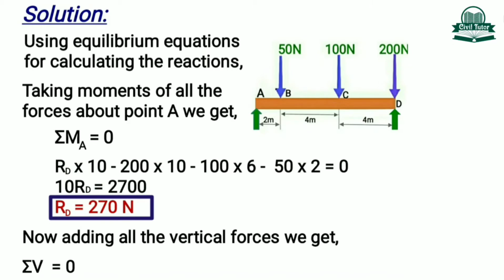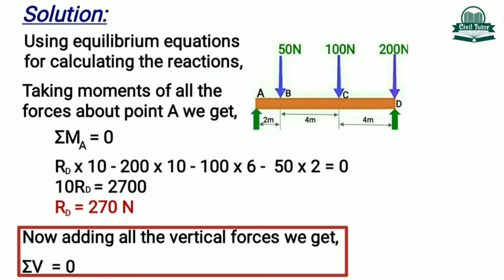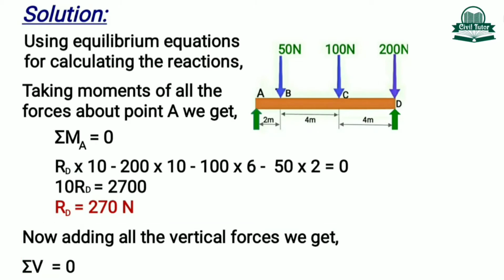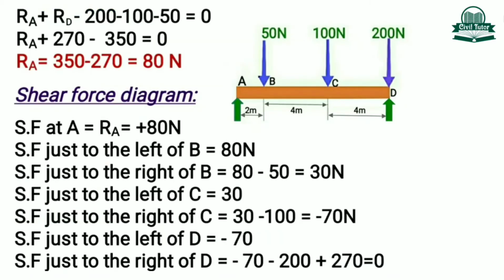Now we need to calculate the support reaction at point A. For that, we will use another equilibrium equation in which we will add all the forces vertically and equate them to 0. For that, we will assume all the forces acting upwards to be positive and all the forces acting downward to be negative.